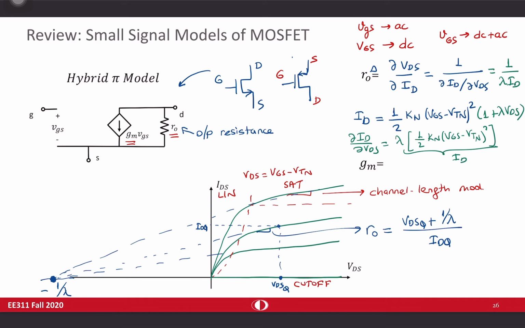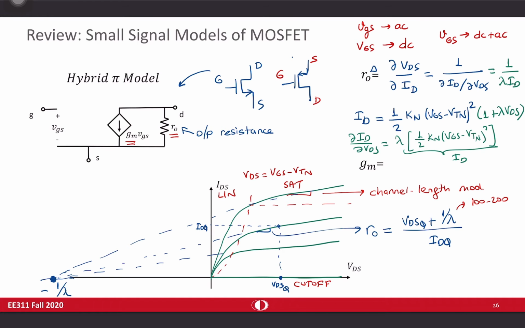Why? Because in general, this 1 over lambda is a very large value. So this is in the range of like 100, 200, whatever. And any potential in a circuit is limited by the supply voltage. If you are using, let's say, 1.2 volt supply, the VDS voltage of a transistor cannot be larger than that supply value. It's not possible.